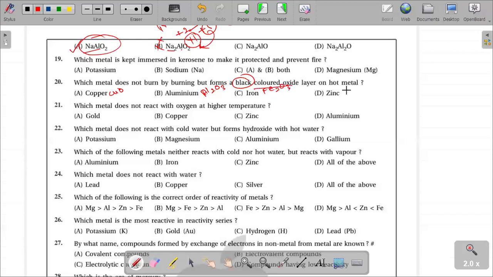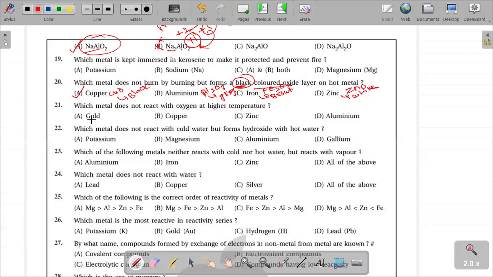Zinc reaction with oxygen gives zinc oxide. Now they are asking which will show the black color. Copper oxide is black, and aluminum oxide is like a gray color. And next, iron oxide is a brown color, and zinc oxide is a white color. So copper only is the answer.